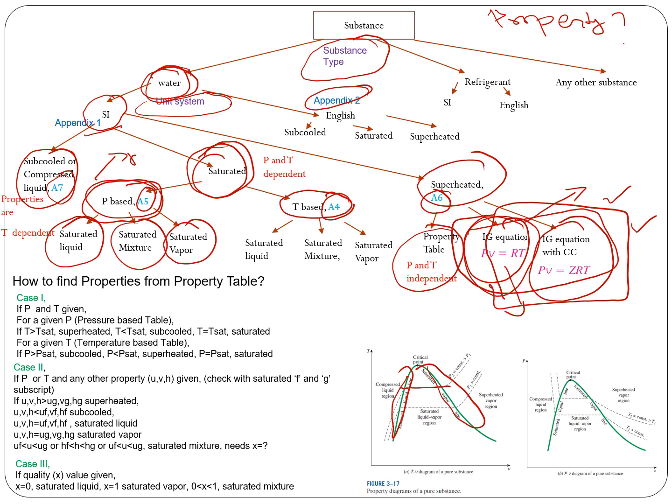Okay, so this is the overall picture. I just showed this for water and the SI unit system. You could do the same thing in the English unit system, and there is an appendix, appendix 2, where it gives you the property values. Okay, so this is for water.